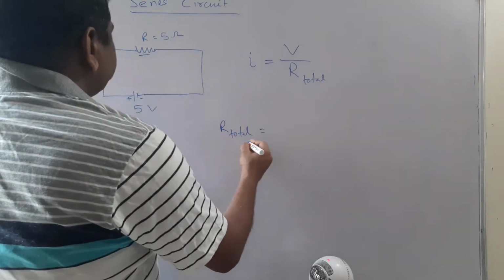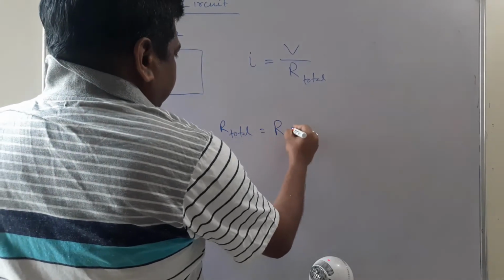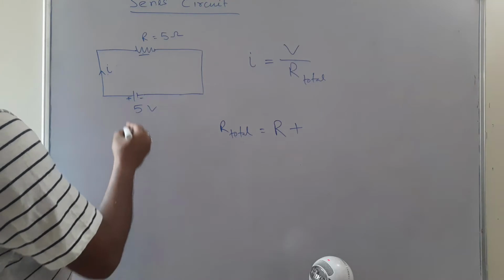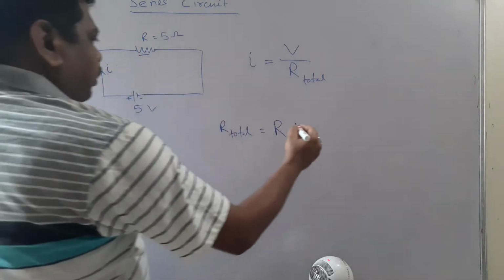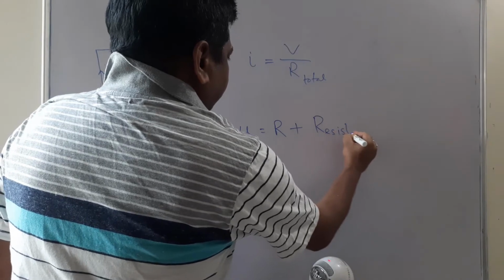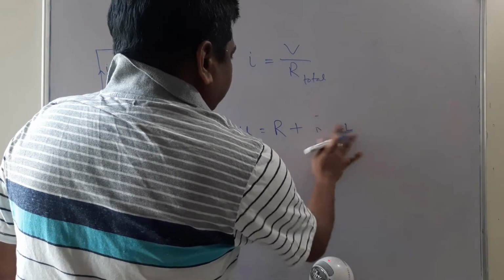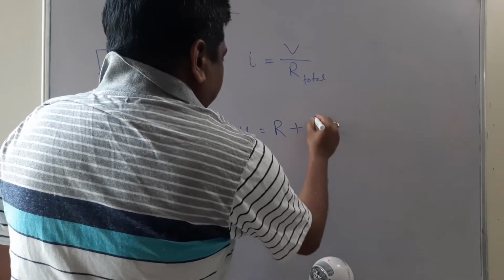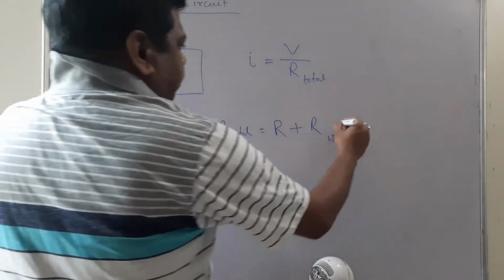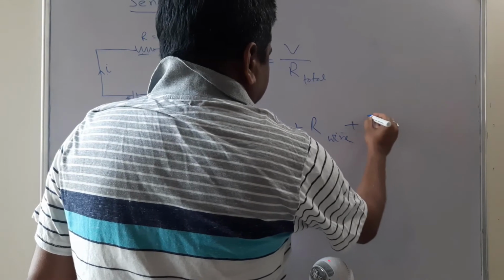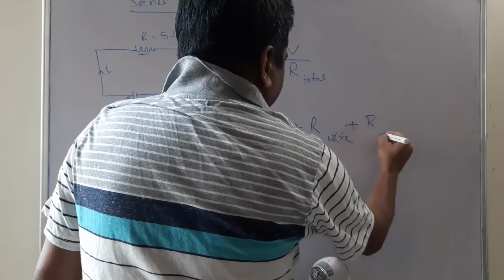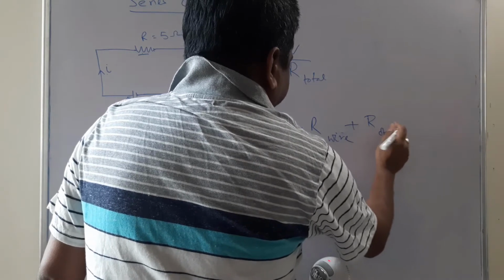So total resistance will be R plus resistance of wire, R wire, plus resistance of battery.